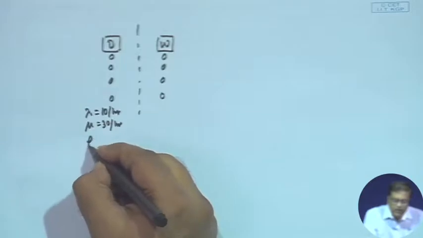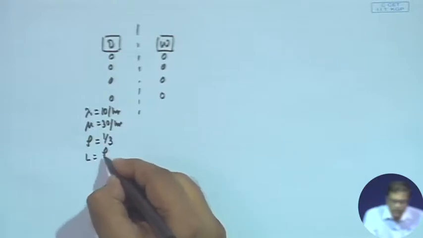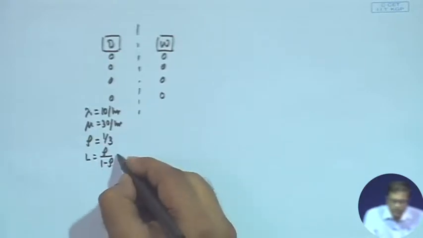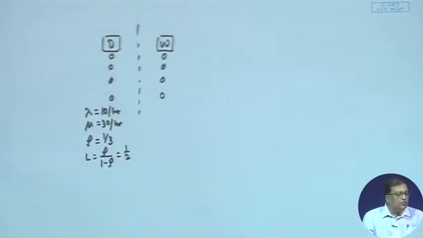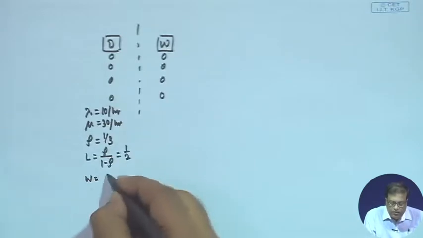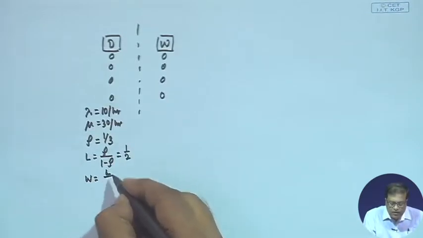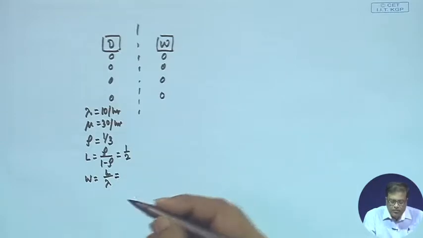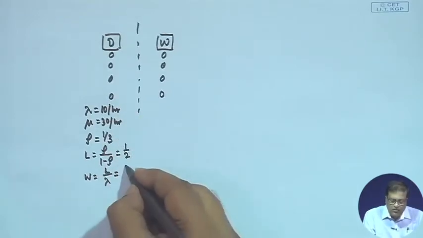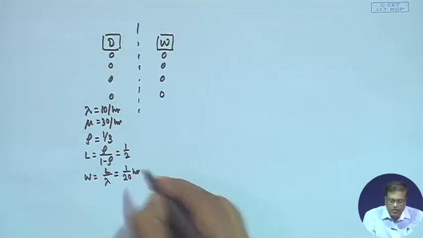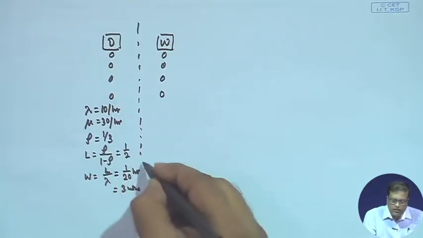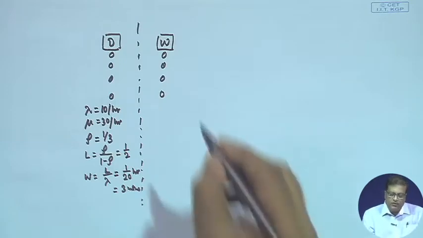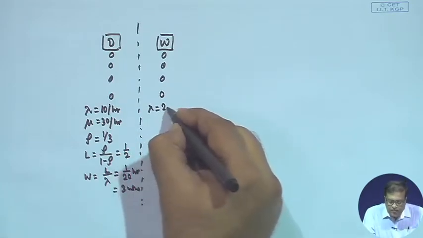So, we had rho equal to 1 by 3, L equal to rho by 1 minus rho equal to half, and W equal to L by lambda, which comes to, because lambda is 10, 1 by 20 hour, that is equal to 3 minutes. So, this we had seen already for the deposit counter.